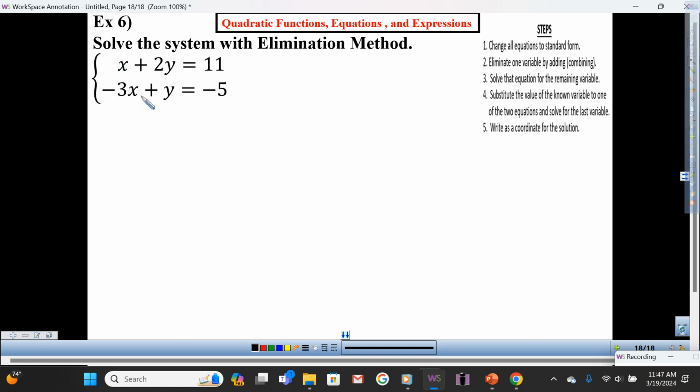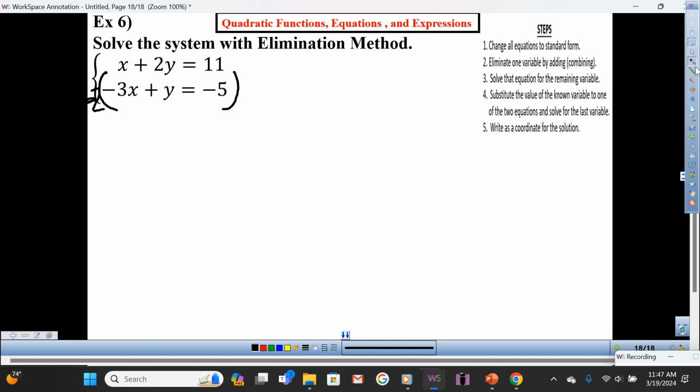No. However, look up. Which one is close to being eliminated? The x or the y? The y, but this one needs to be what? A negative 2, is that correct? So that means I need to multiply this equation times negative 2.